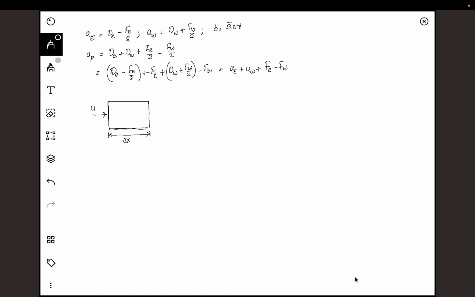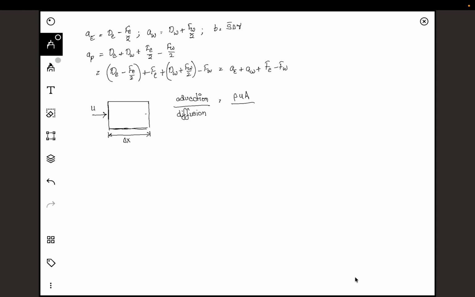So we have two things. I'll say one as the strength of advection, and then I have the strength of diffusion. Because of advection, the flux is going to be rho u times area, whatever is the cross-section area. So this is the mass flux because of advection.